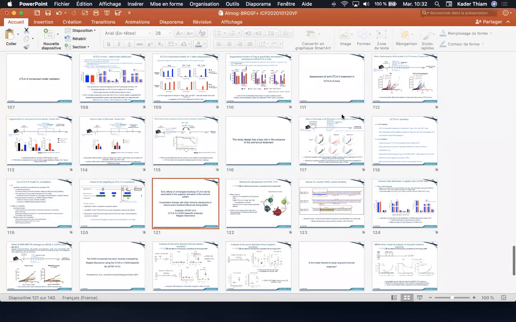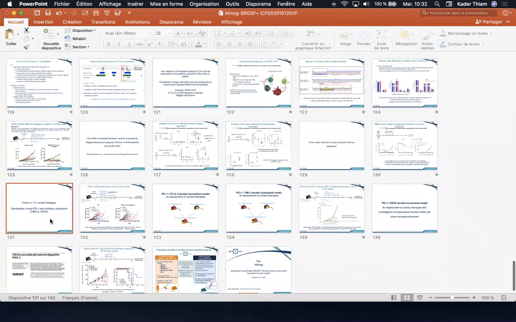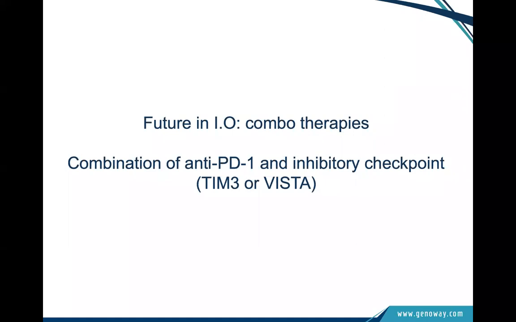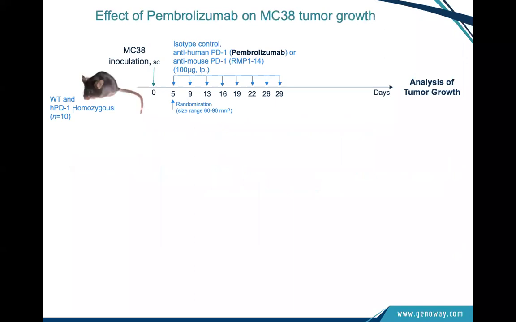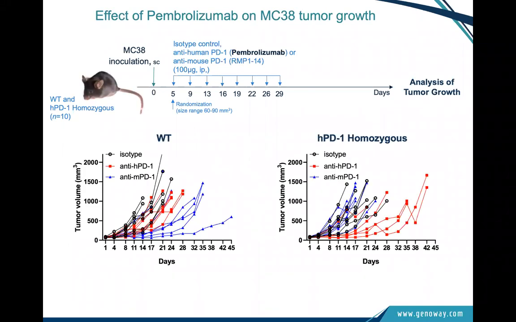What I just wanted to say in conclusion is that we all know that the future of oncology is in combo therapy. So all these models have been intercrossed for bispecific assessment. For example, we just generated a PD-1 model, which has also been tested with Pembro. It works. I can detail this in another seminar.